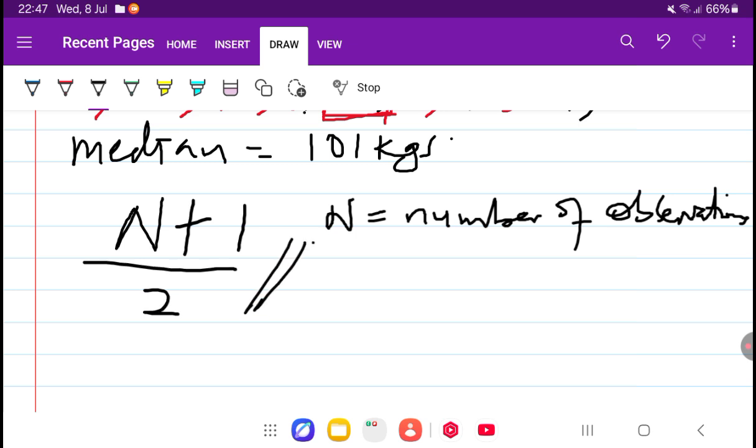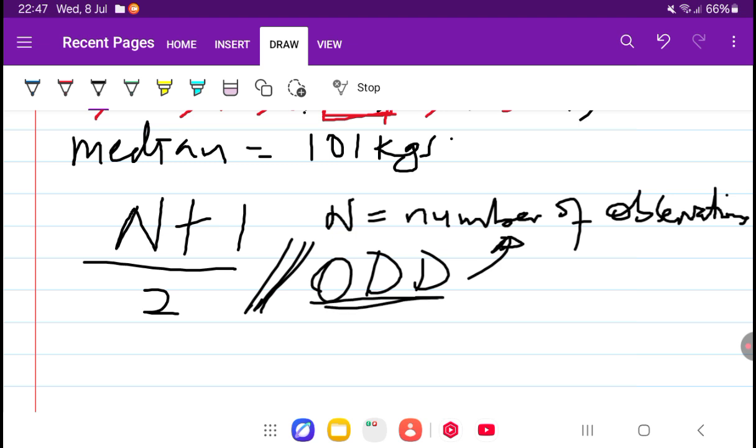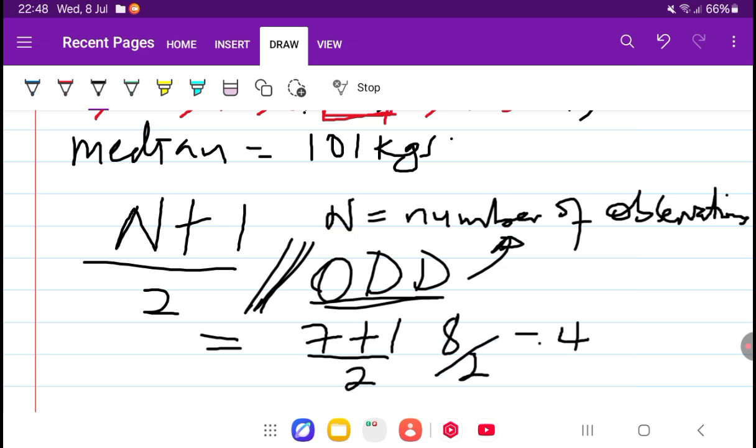This is specific to when the total is odd. Just like the numbers we've seen, there were 7. So using the formula, it would be 7 plus 1 divided by 2. This means it's 8 divided by 2, which is 4th. This gives you the position, 4th number.